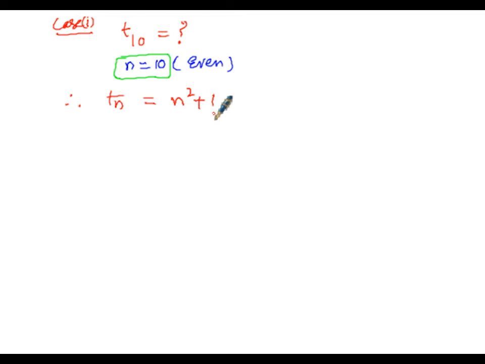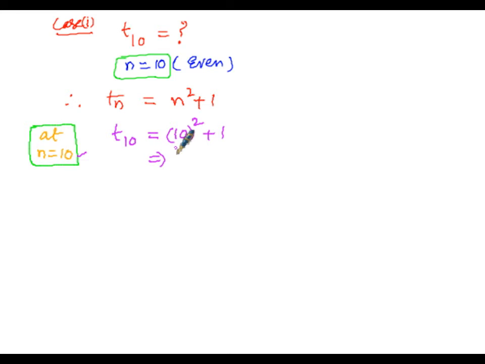Now, as per the problem we have to find the 10th term. So here in T10, n must be replaced by 10. At n equals 10, by substituting n as 10 on the right hand side, we have to write 10 square plus 1.